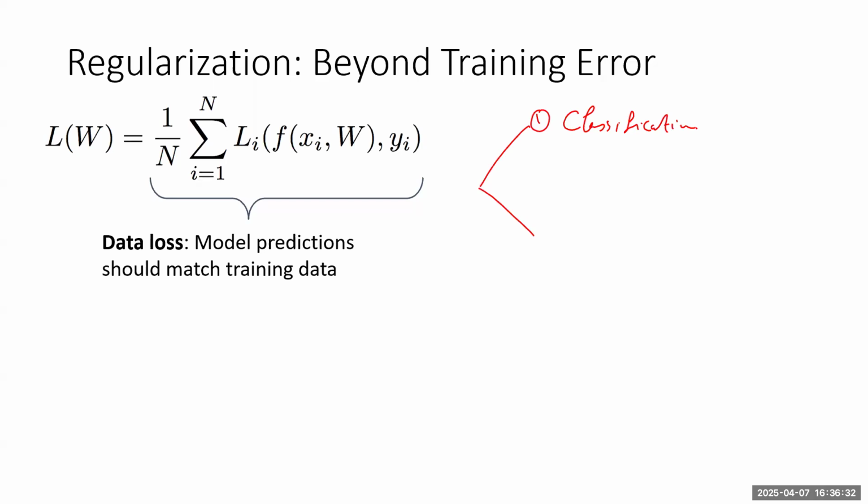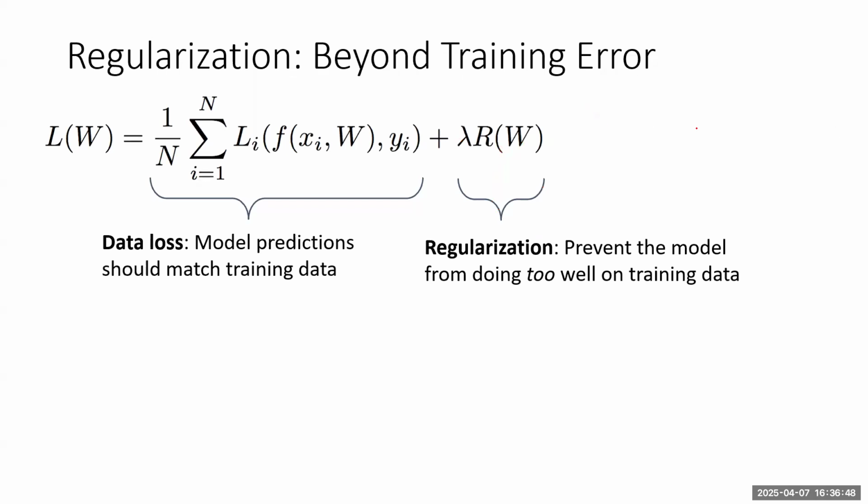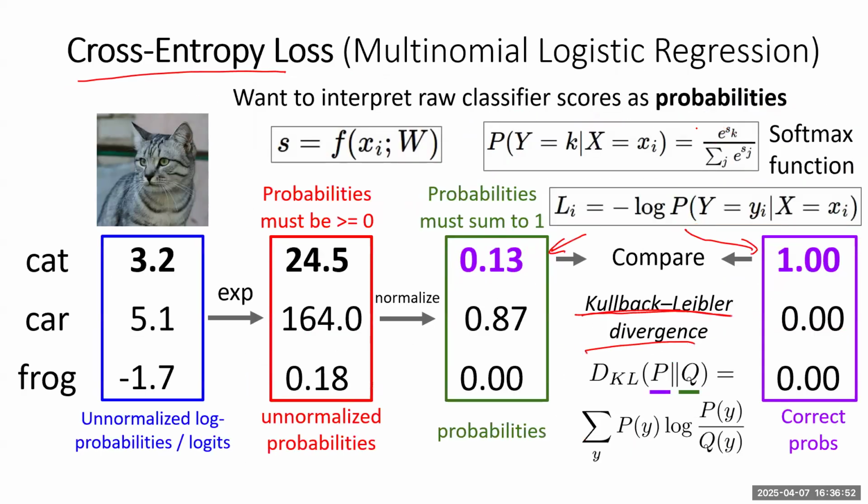For this case, I'm generating the probability that this object belongs to a specific class. So as we stated last time, we want to generate the probability that this image belongs to the class of the cat or the car or the frog.